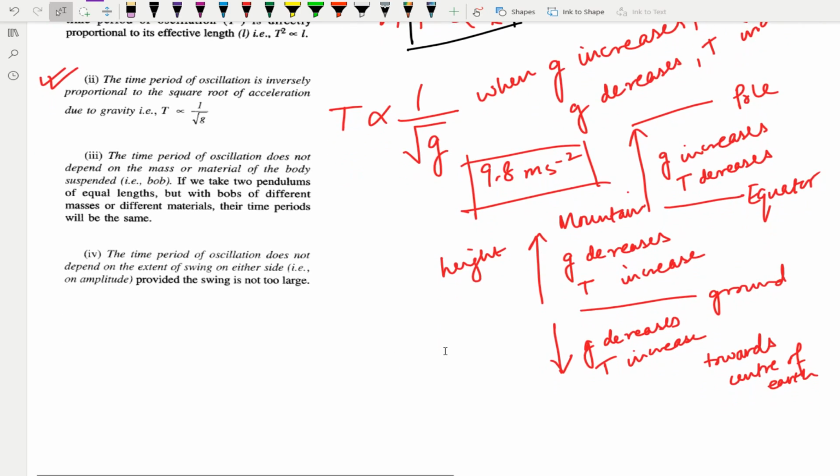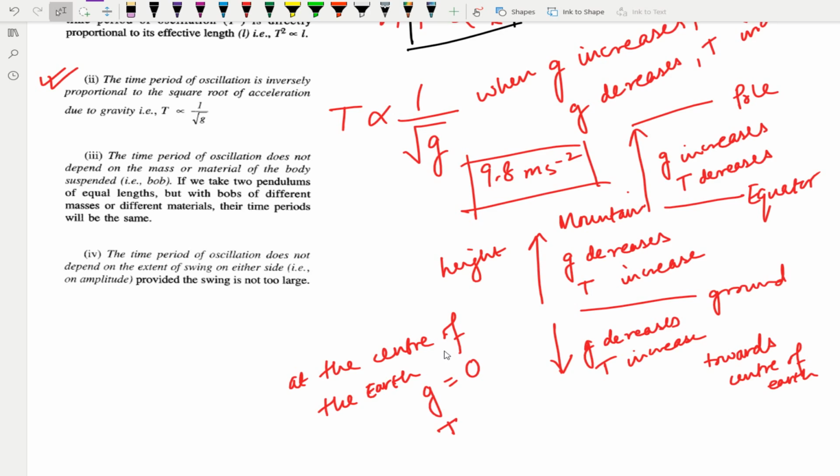Understood? Now remember, at the center of the earth, g is 0, so the time period will become infinite. So these are just different cases. You just remember these cases because reason questions may be asked from these things. Okay, now moving on to the other points.